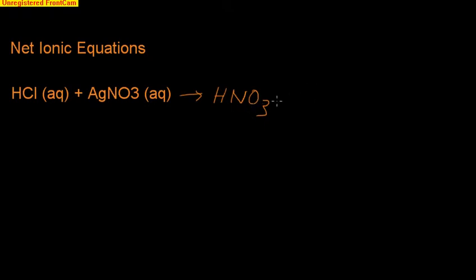To finish out the reaction, we'll say plus, and then we've got the silver here, which is positive, which is going to combine with the negative part of the other one. So together we're going to have silver chloride, just AgCl. There's nothing on the Cl because the charge on silver is +1 and the charge on chlorine is -1.